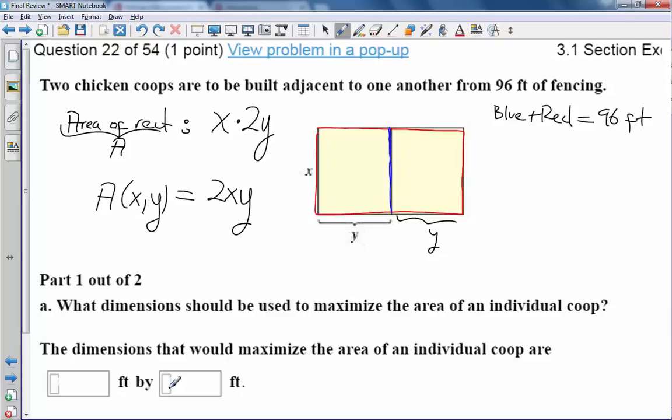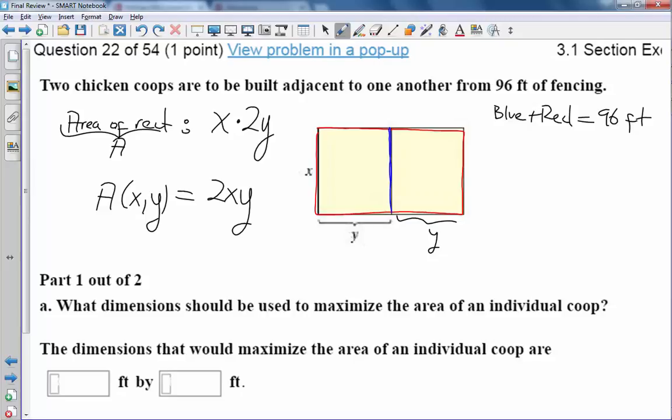We cannot solve for the maximum of a function if it has two variables. We need to get rid of one of the variables. I can't have two. So what do we do? We will use this fact to convert y in terms of x.